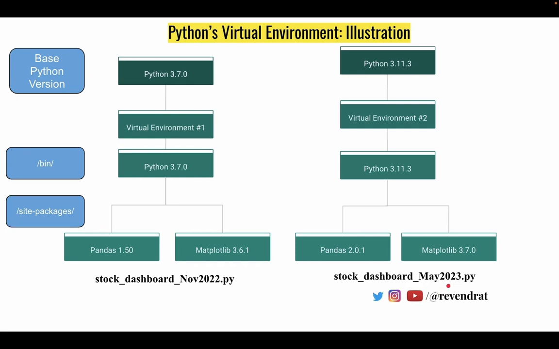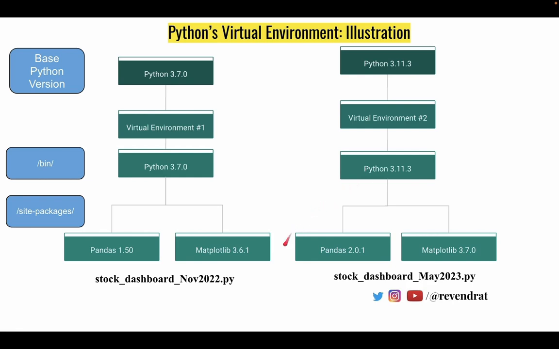Now, let's move to May 2023. In May 2023, you realized that the tech stack needs to be upgraded. You first installed a new version of the Python interpreter. After that, you created a virtual environment. After creating the virtual environment, your interpreter in the bin directory is Python version 3.11.3.